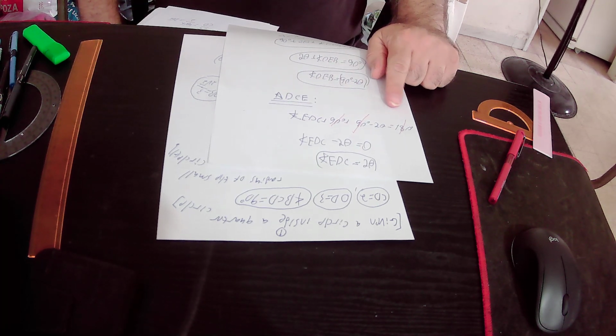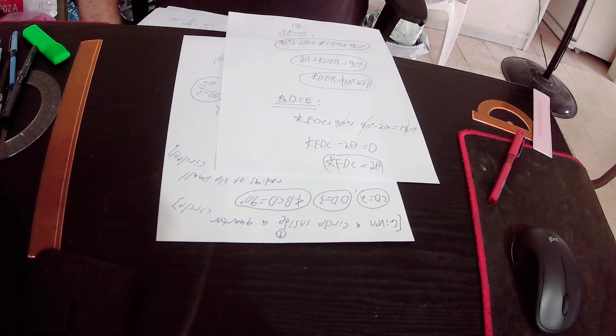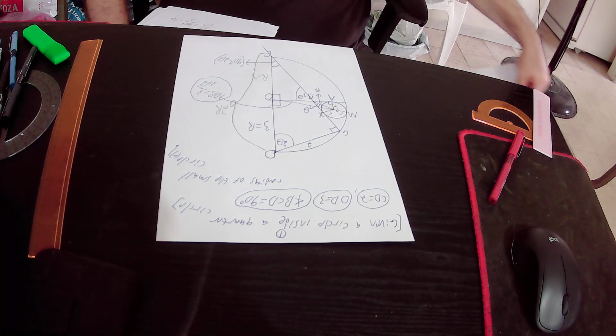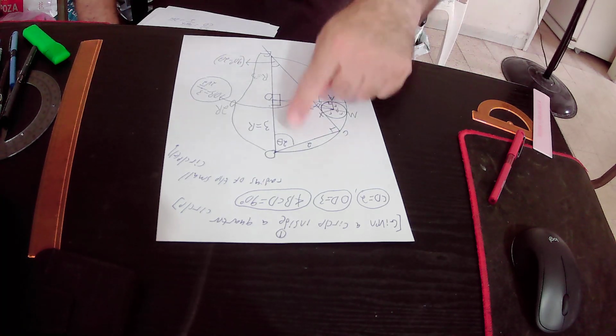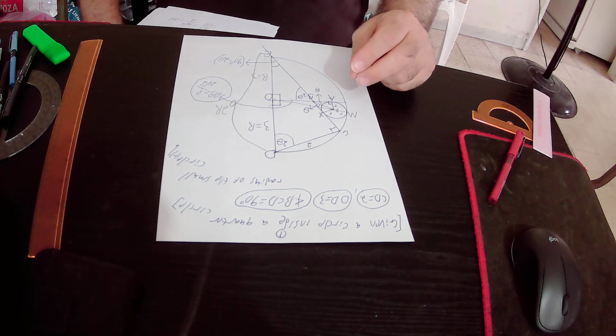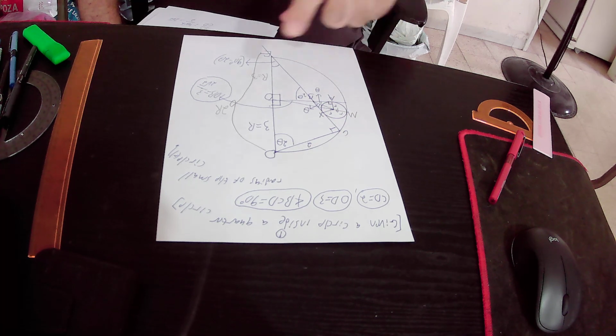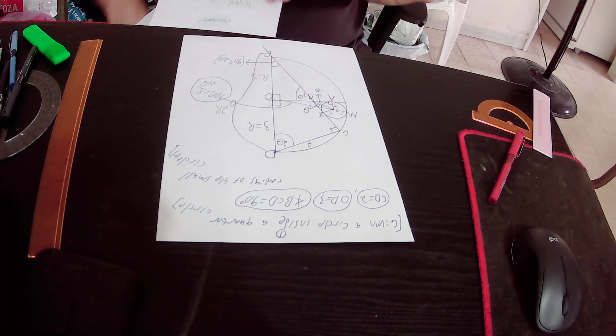We subtracted 180 degrees from both sides of the equality, and we got that the size of angle EDC equals 2 theta. Then in the right triangle ECD, we know that the square of the hypotenuse equals the sum of the squares of the perpendiculars. That is to say, CD square plus CE square equals DE square. Okay?